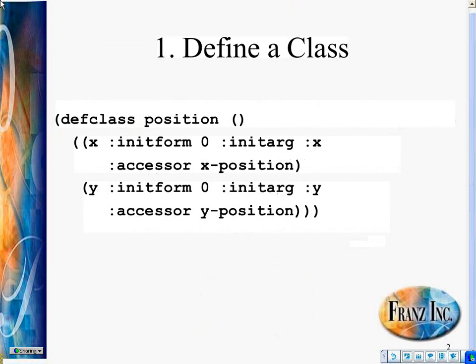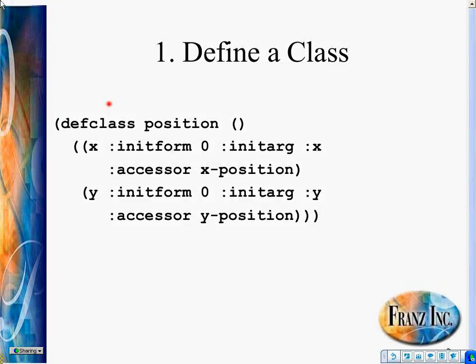And when you are using the object system, here are sort of the 10 things that you do. You start by defining classes. A class is defined with a defining macro called defclass. Here we're defining the class position. Probably illegal because there's already a Common Lisp symbol called position, but sometimes it's easier on these slides to give meaningful names.